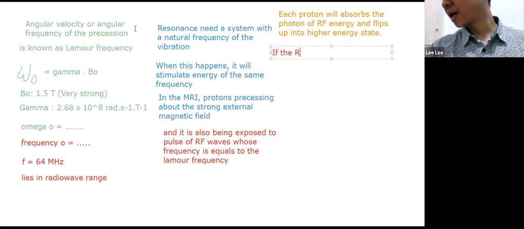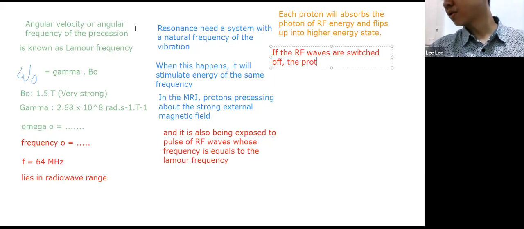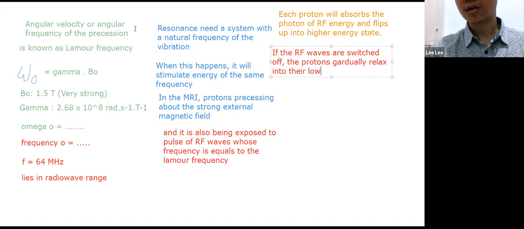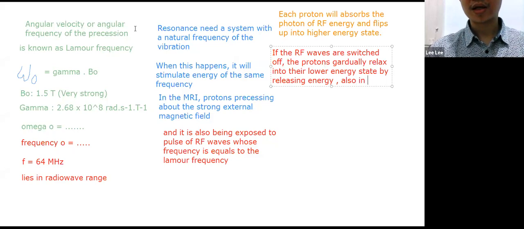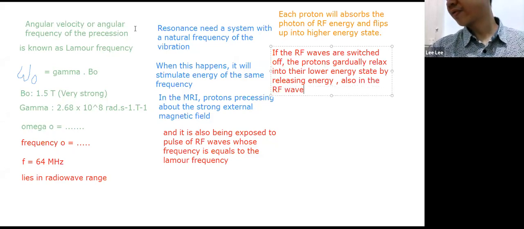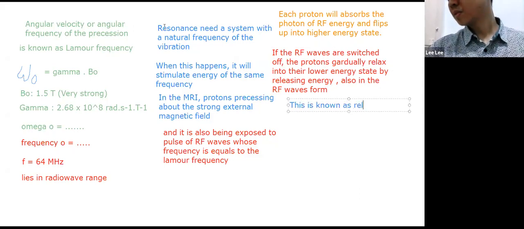If the RF wave is switched off, the protons gradually relax into their lower energy state by releasing energy, also in the RF wave form. This is known as relaxation.